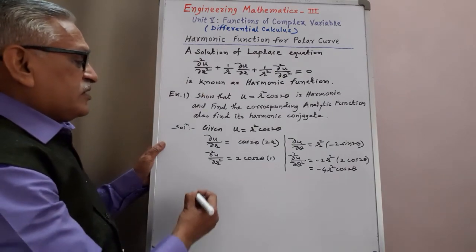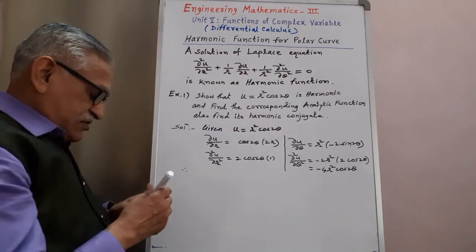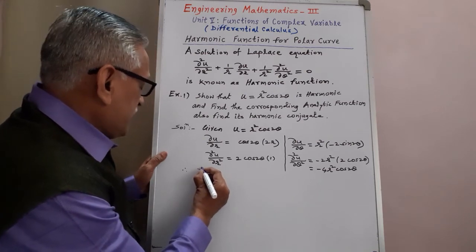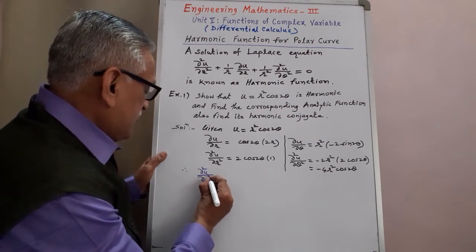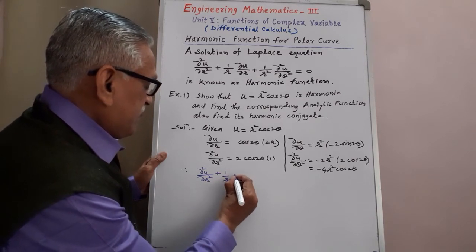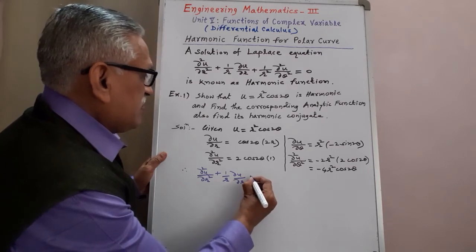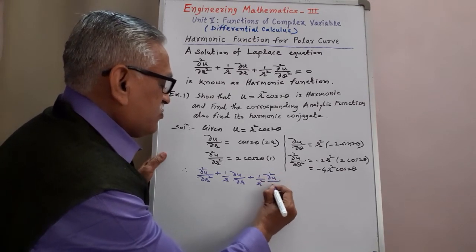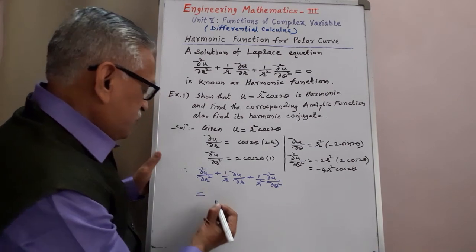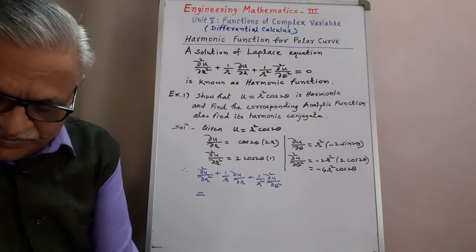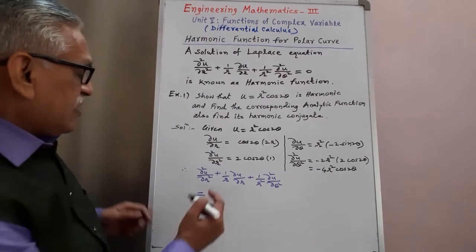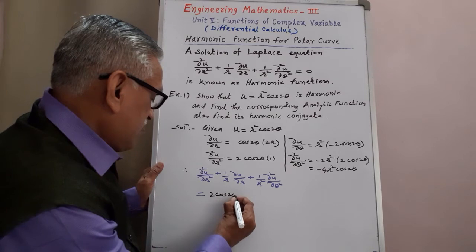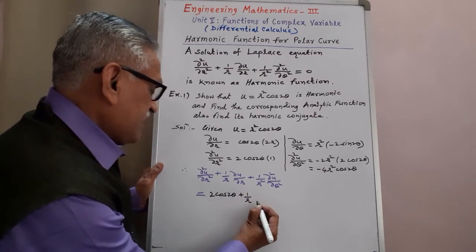And then substituting this in that result, we get that Laplace equation ∂²u/∂r² + (1/r) ∂u/∂r + (1/r²) ∂²u/∂θ² equals, substituting ∂²u/∂r², that value is 2 cos 2θ, plus 1/r into ∂u/∂r.